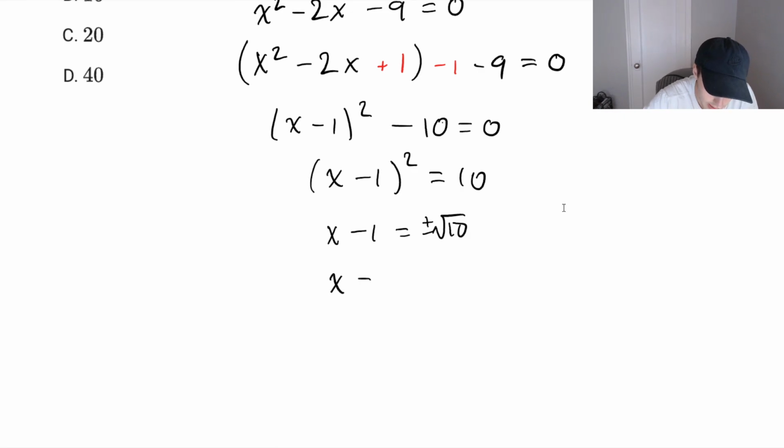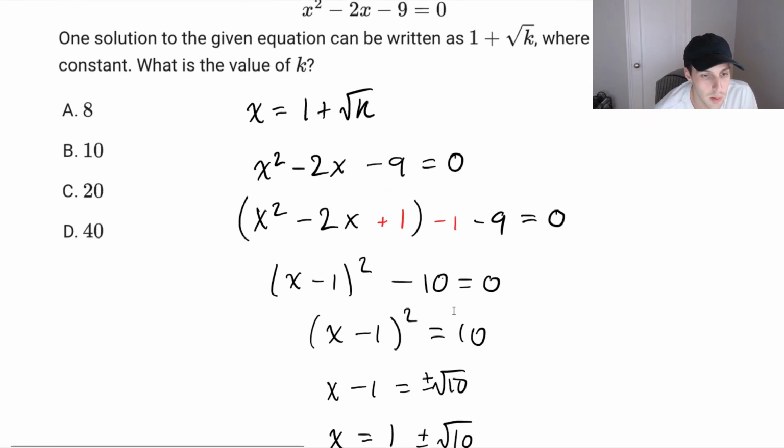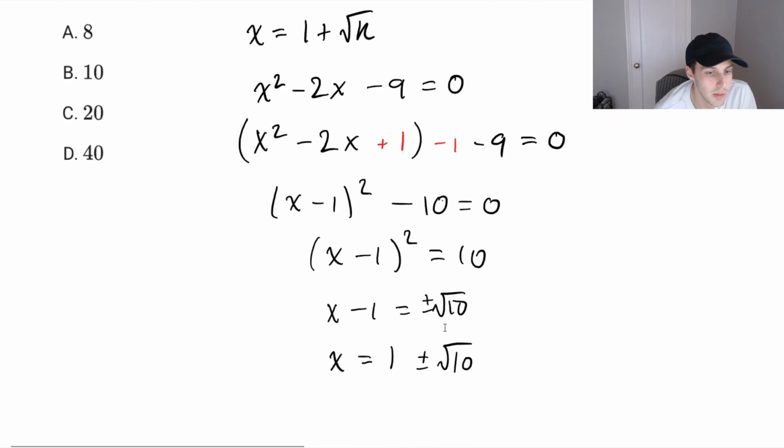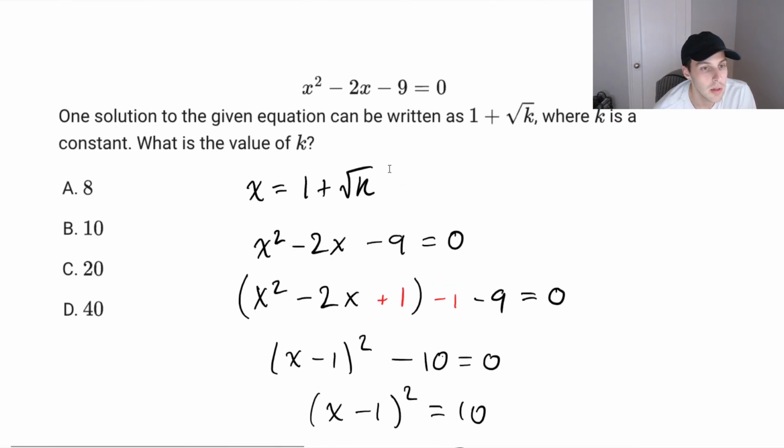And then we get x is equal to 1 plus or minus square root of 10. So 1 plus square root of 10. We know x is in the form of 1 plus square root k, which means that k is going to be 10 in this case. Okay, so our answer is B.